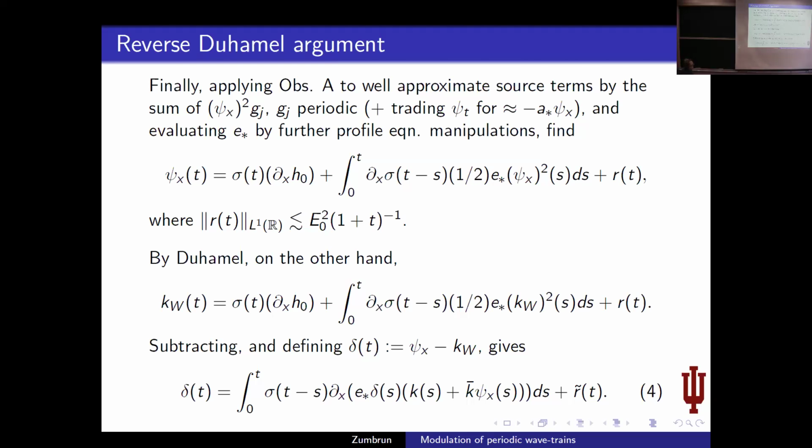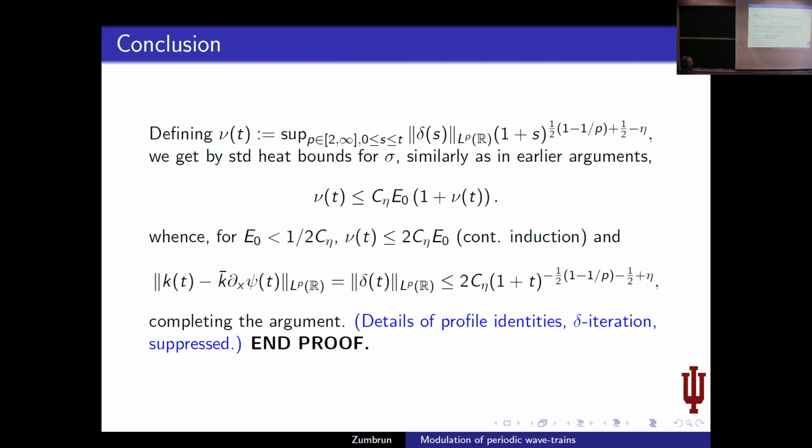So now I need to do an iteration finally. I define nu of t to be the sup. It's another bootstrap argument, where I'm trying to shoot for a different decay rate.